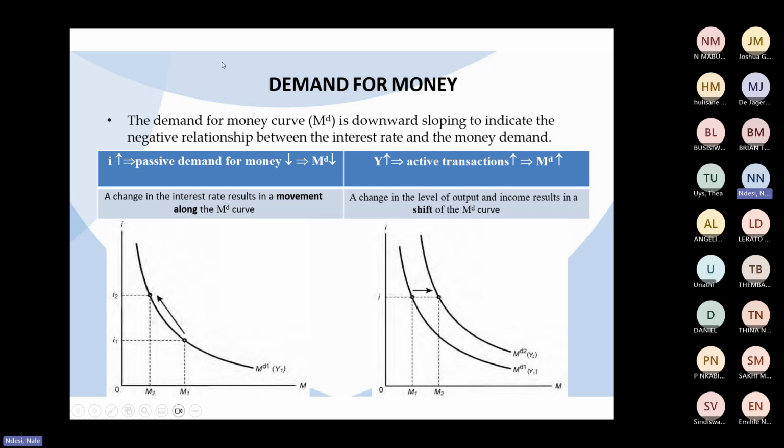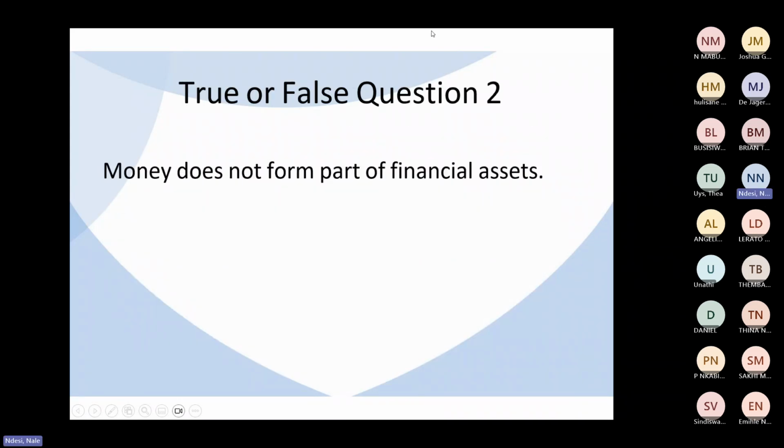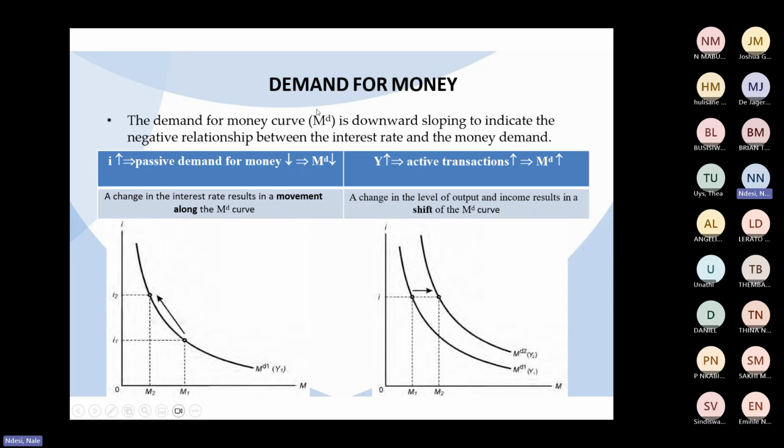So on this graph, I'll try to explain. An increase in the interest rate from I1 to I2 will be represented by the upward movement from, let's say this is A, to B. So the upward movement on the MD curve is a result of the increase in the interest rate.